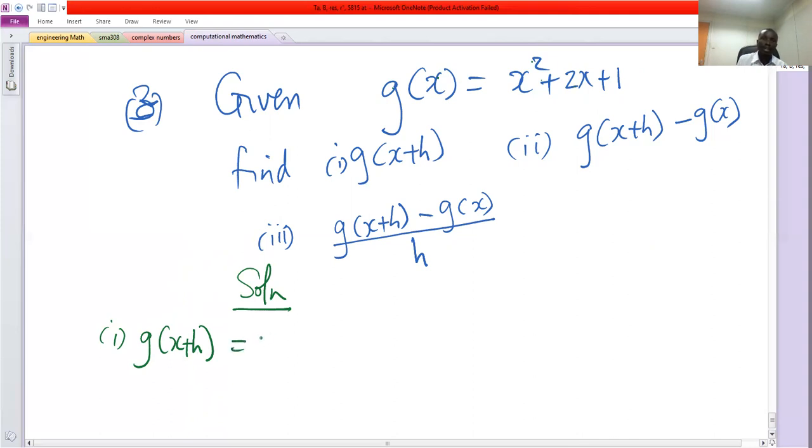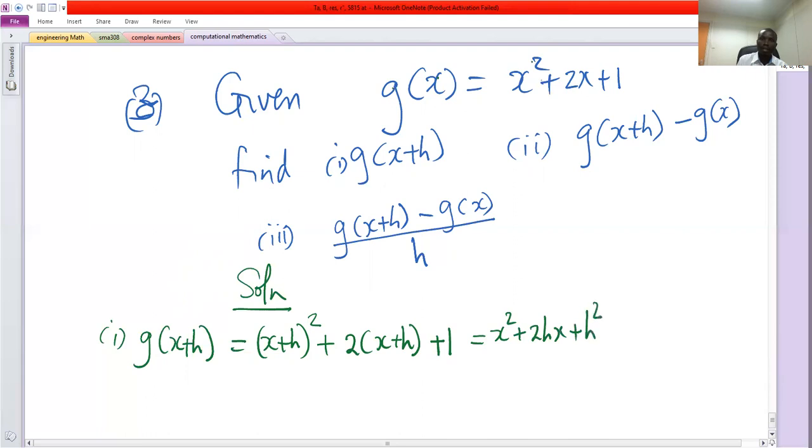It will take that input x plus h squared plus twice the same input, and then plus 1, which will be x squared plus 2hx plus h squared, and then plus 2 times x is 2x plus 2h plus 1. So this is the answer to the first part.